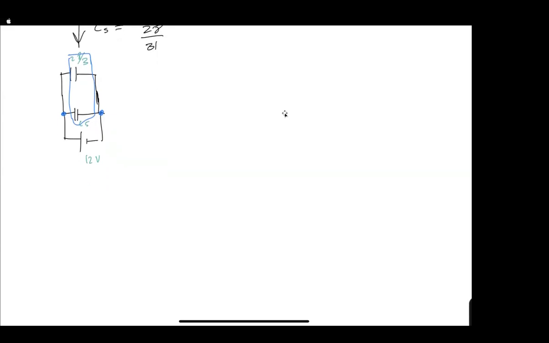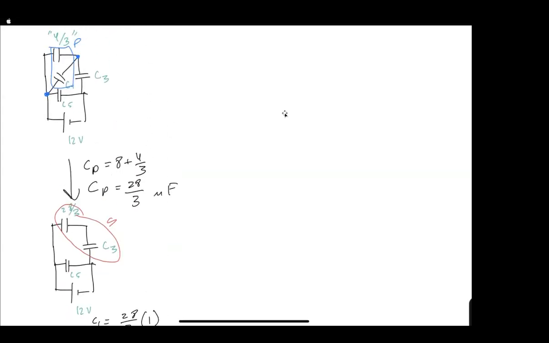Okay, so in parallel, we just get to add, and that's what we're going to do here. And we solve for the equivalent capacitance. You just add them. CEQ is equal to 3.9. Okay, so part A done. CEQ is equal to 3.9.